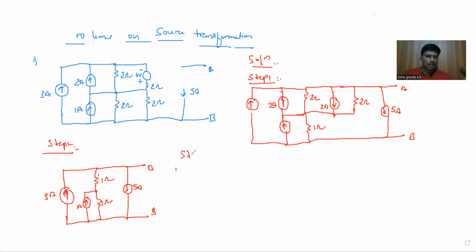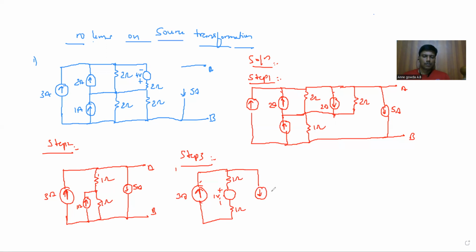So in step 3, if I am converting this 1 ampere into a voltage source, V is equal to I into R, 1 into 1 will be 1 volt, with the same resistance, 1 ohm. And 5 amps across terminals A and B.